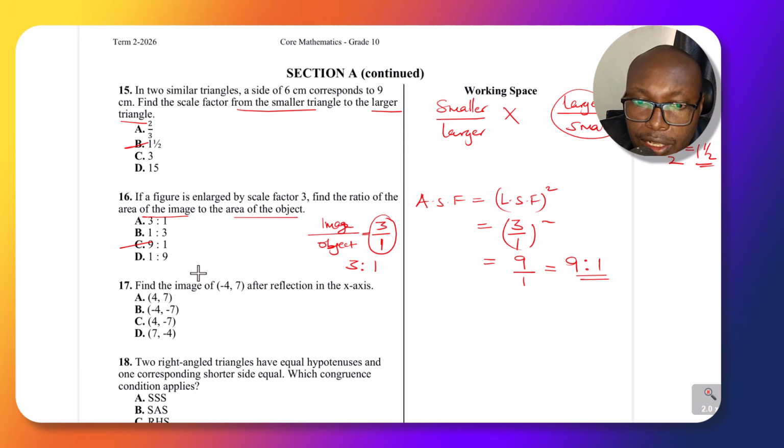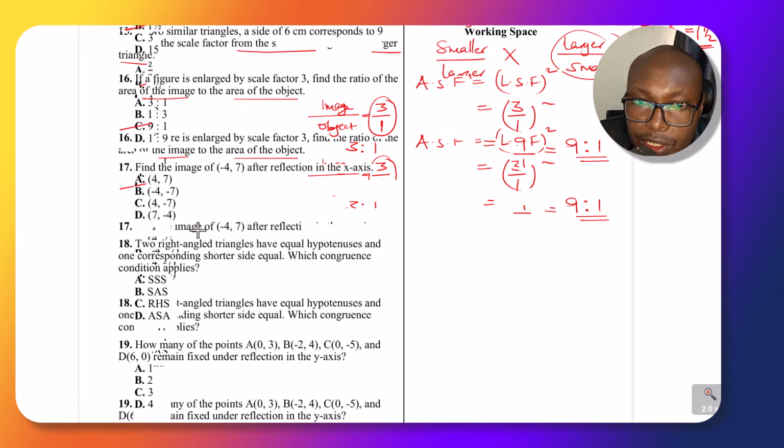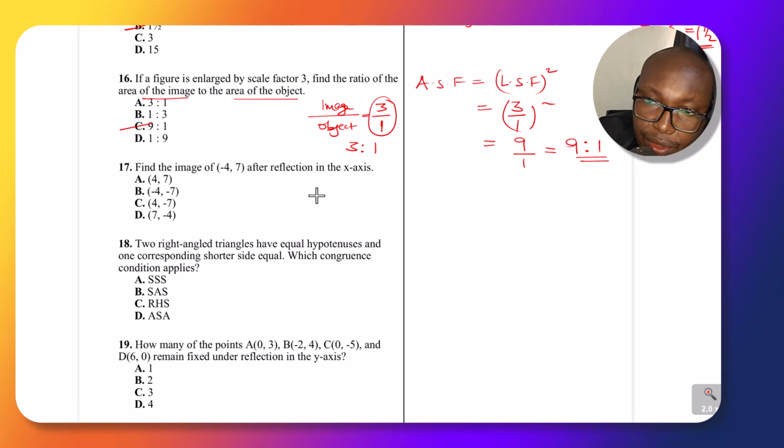Now after that, we go to question 17. Find the image of (-4, 7) after reflection in the x-axis. For that one, you don't need to draw. You just need to know when the x-axis acts as the mirror line, how is that kind of reflection?